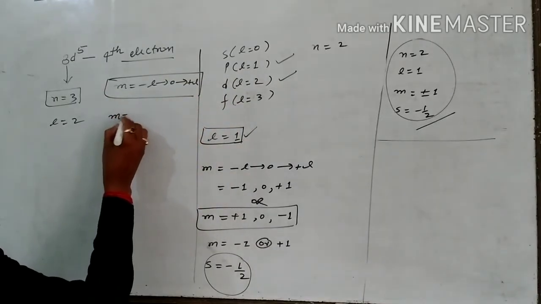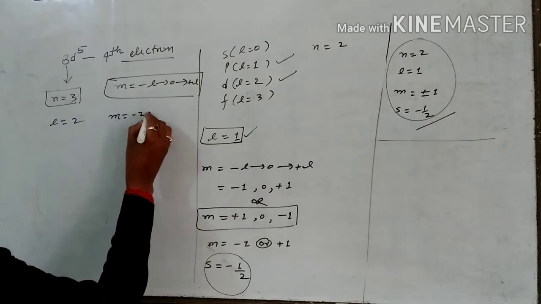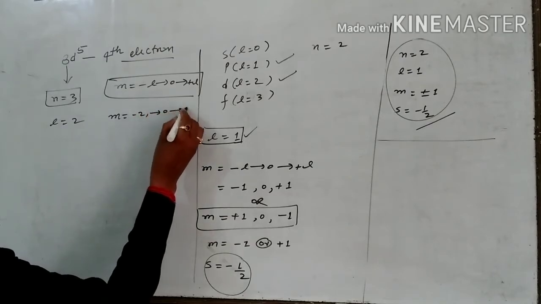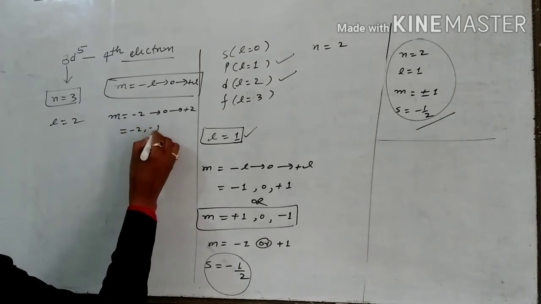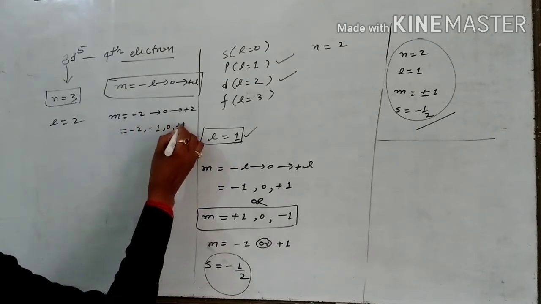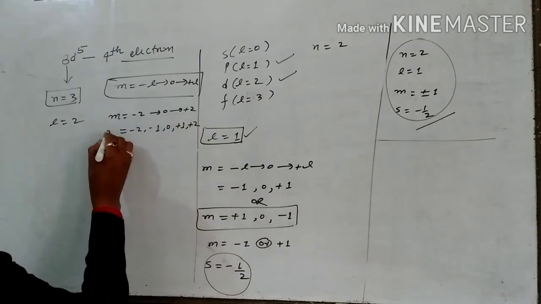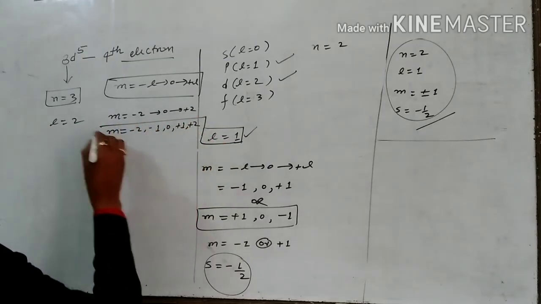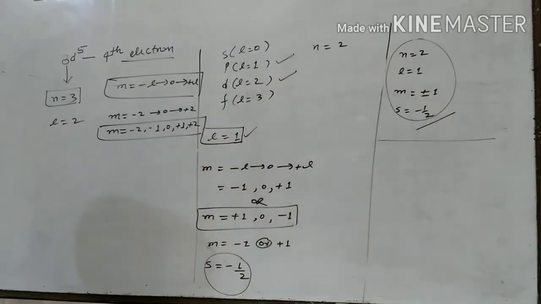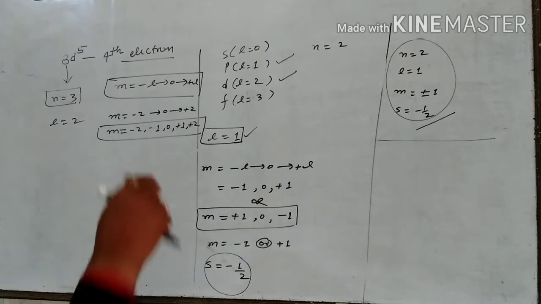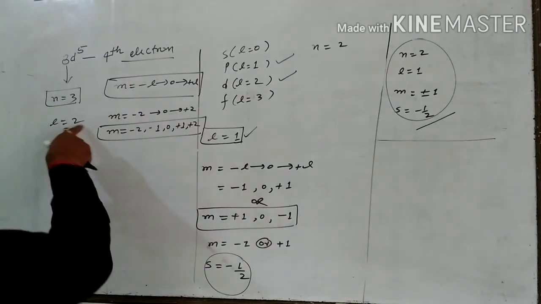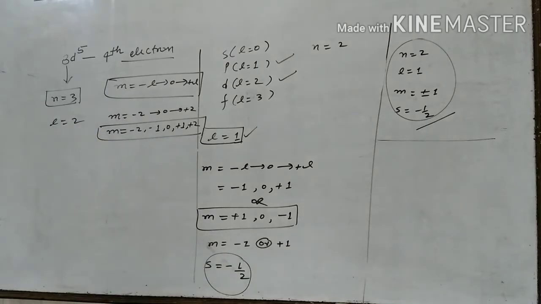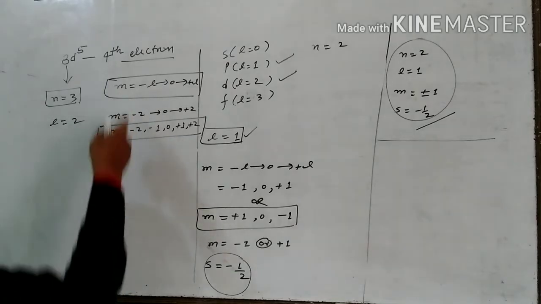It means that m is equal to minus 2, minus 1, 0, plus 1 and plus 2. These are the values of the principal quantum number, then azimuthal quantum number, then magnetic quantum number. But you are seeing that this is the rough work.